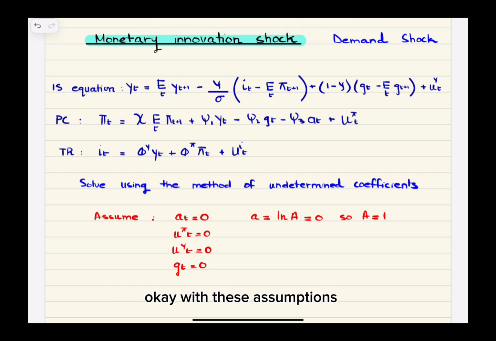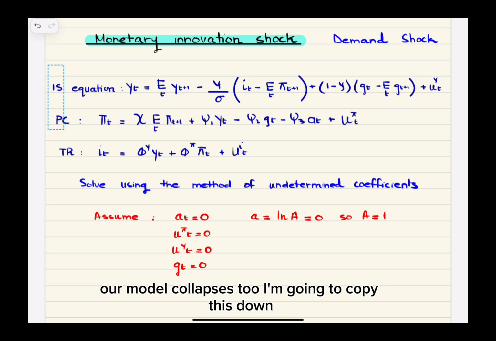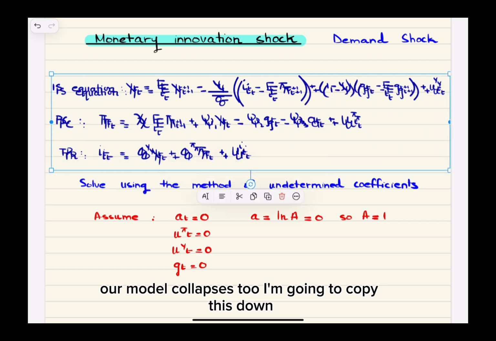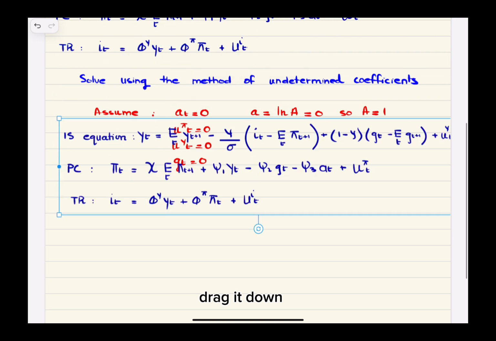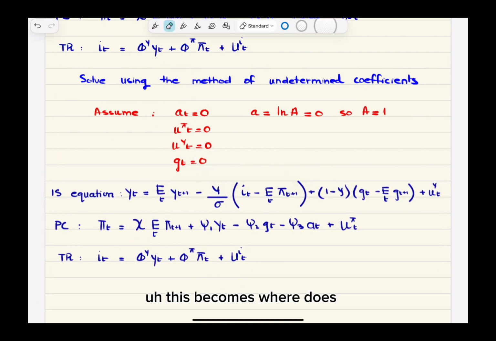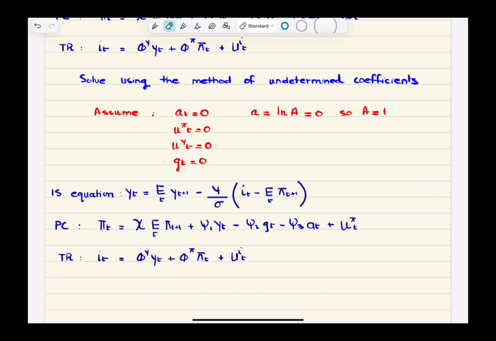Okay, with these assumptions, our model collapses to, I'm going to copy this down, drag it down, and let's see. Since G is equal to 0, the output shock disappears, the inflation shock goes away, this stays, and that's it.